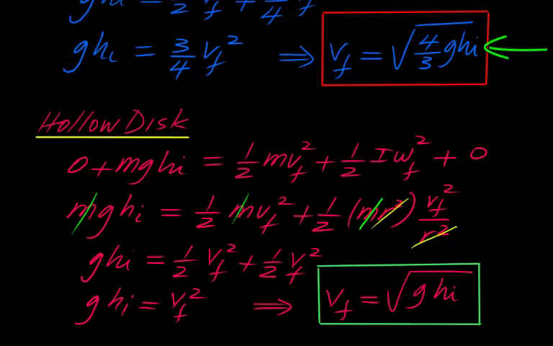Notice that the speed of the solid disk is the square root of 4/3 gh initial, whereas the speed of the hollow disk is the square root of just g times h initial. Therefore, the speed of the solid disk is going to be larger than the speed of the hollow disk at the bottom of the incline. The final conclusion is the larger the moment of inertia, the slower the objects are going to roll.